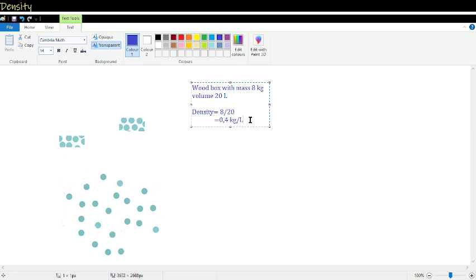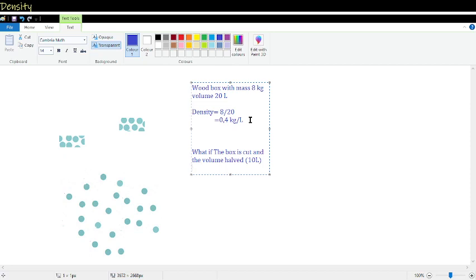And then the question asks you again: what if the box is cut and the volume becomes half, or you can say becomes 10 liter? You cut the box, the volume is half.